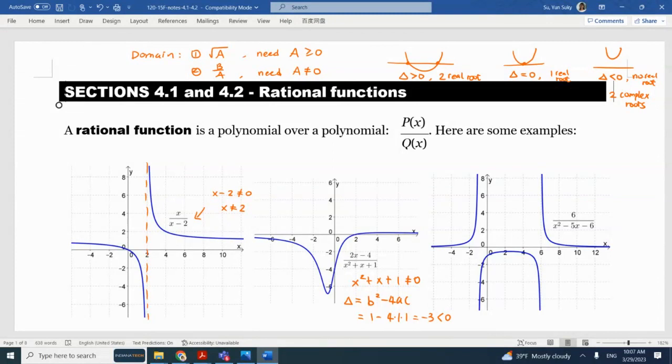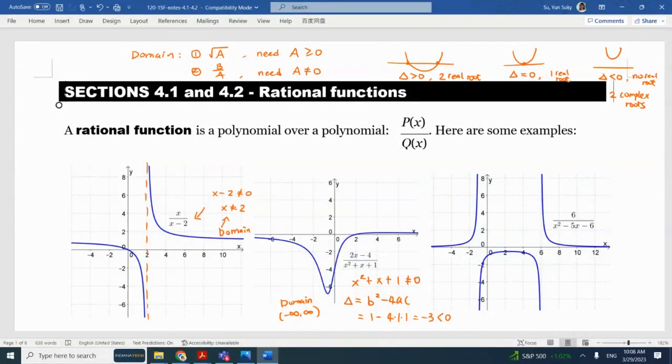So the domain is all real numbers. Okay? You don't have any vertical asymptote there. Right? Everybody? So therefore here the domain is all real numbers. And then the previous one, the domain is when x is not equal to 2.